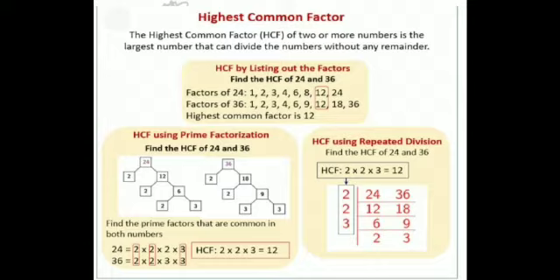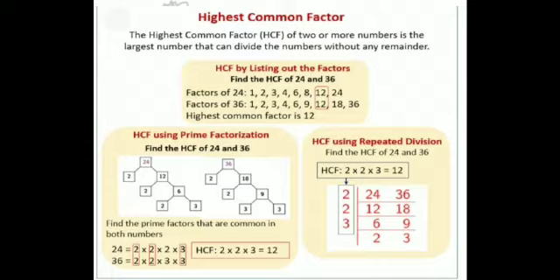The first method is HCF by listing out the factors. This is the method that we just discussed in our previous example. Here we have two numbers, 24 and 36. We'll write down the factors of 24 and 36, and after that we'll find which ones are the common factors, and among those which one is the greatest common factor.